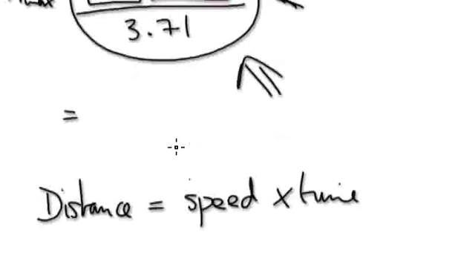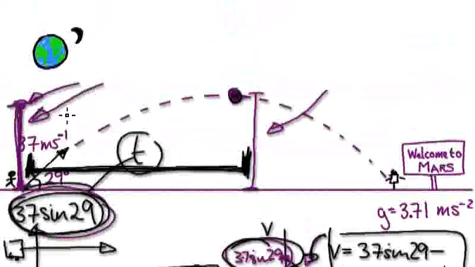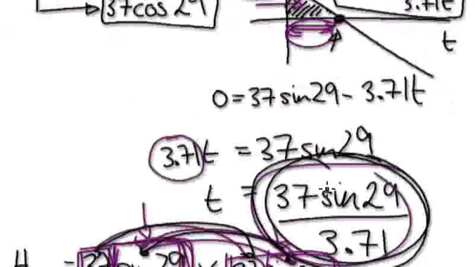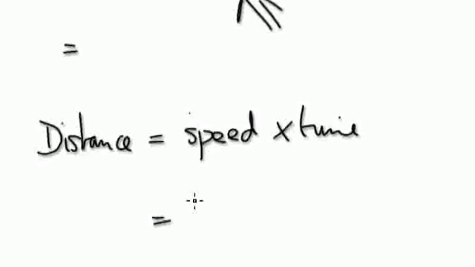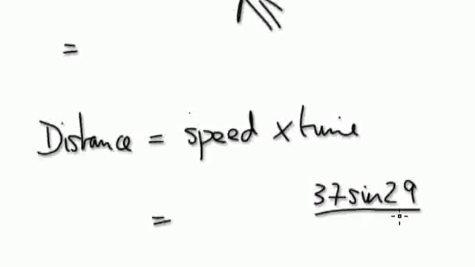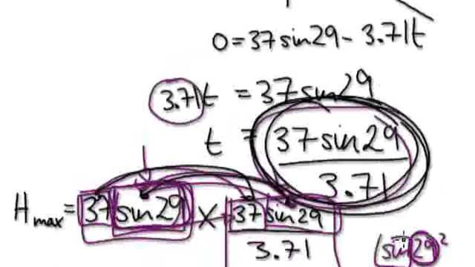Now we know the time it takes to get from here to here is given by 37 sine 29 over 3.71. We just worked out the time here.